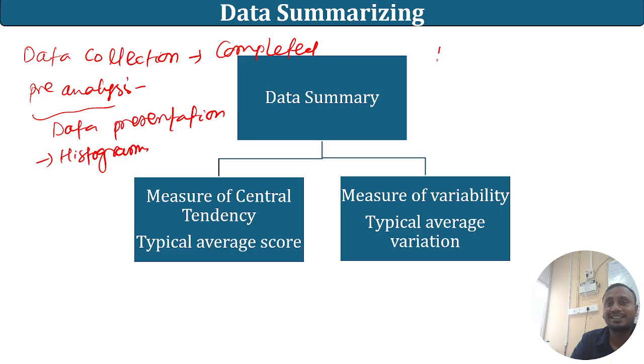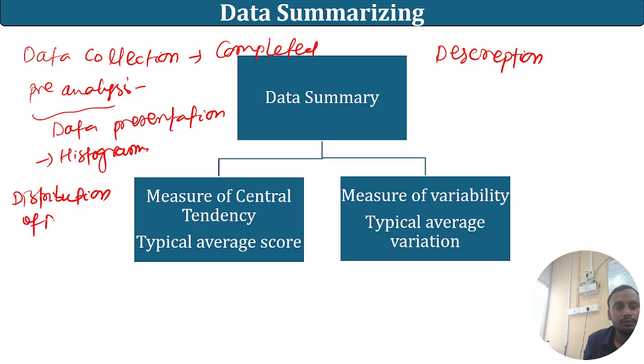Summarizing the data is a description of the particular data. We have already seen the distribution of the curve, the distribution of the data. So from this description, what is the single value we have to give? The data summary.